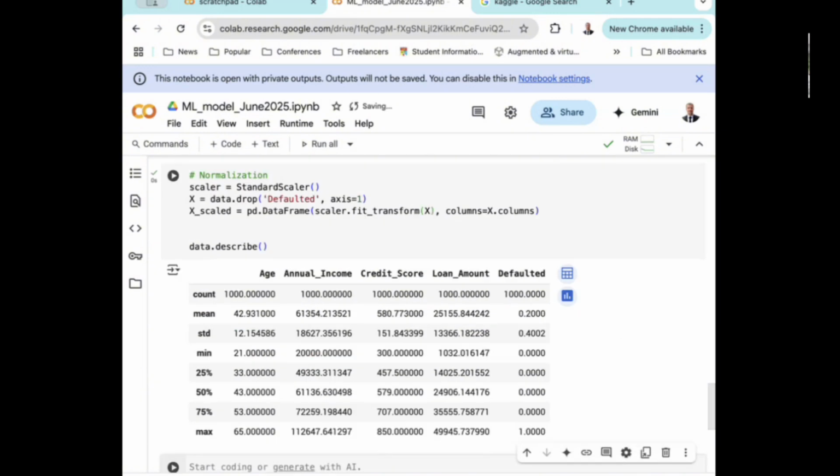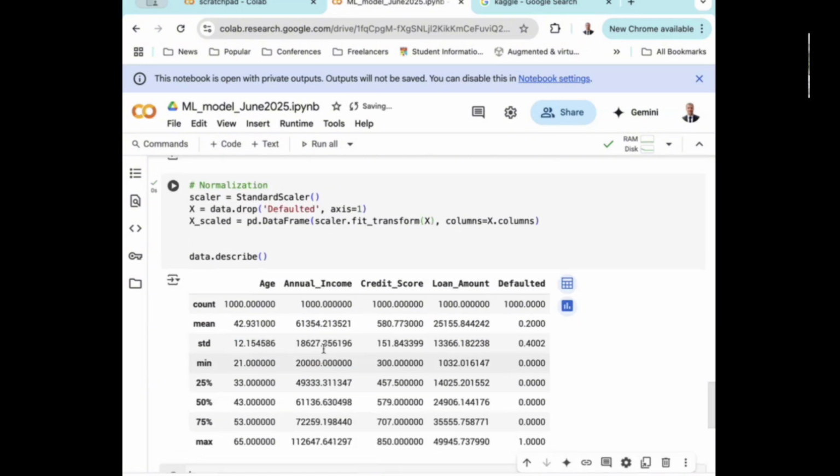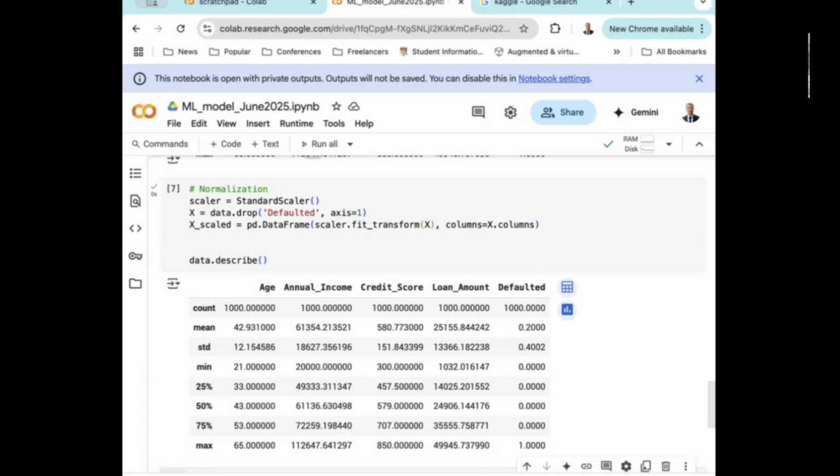Then run the whole code. All right, now because we have X and Y, so this is going to be an X scale instead of data.